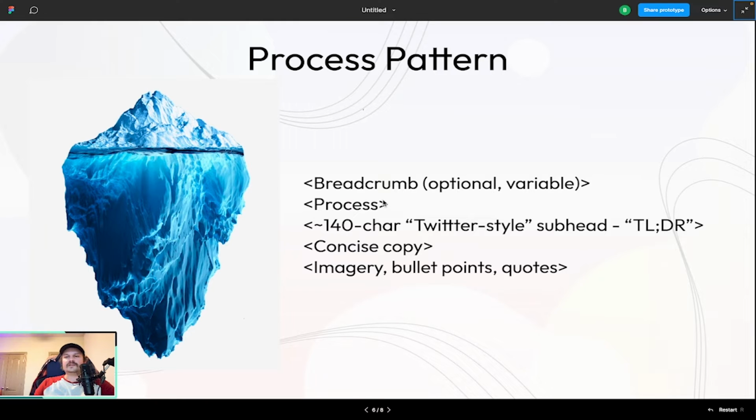The process would be the name of the process, and so this would say something like red routes or high fidelity mockups, not high definition, high fidelity, followed by, and this is very much in vogue right now and it seems like a pretty good idea, before you get to your copy, you would have a subhead, as we called it in the newsroom. You would have a subhead, which is a very short version of what you're about to say.